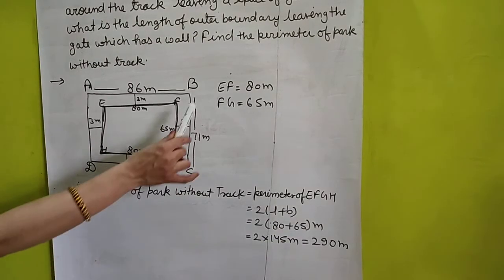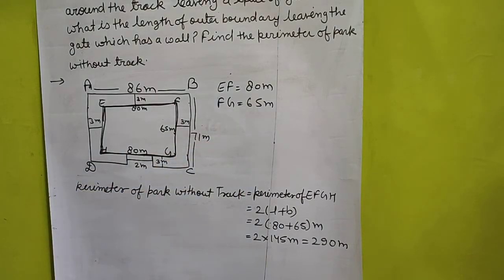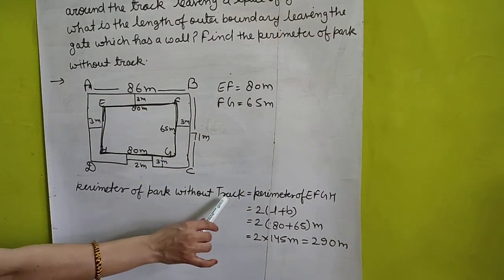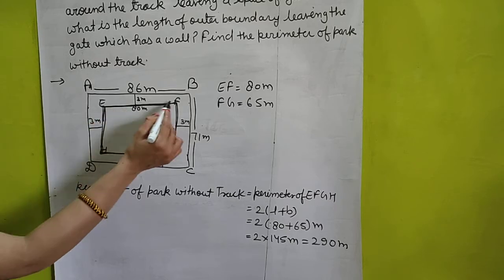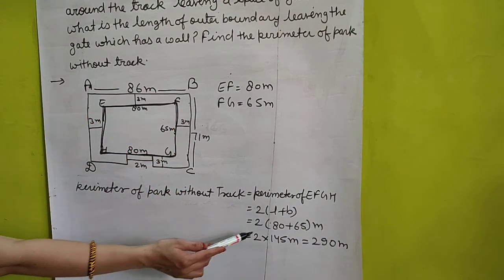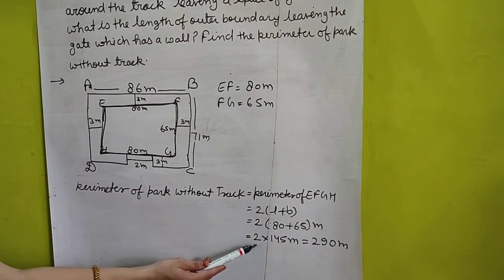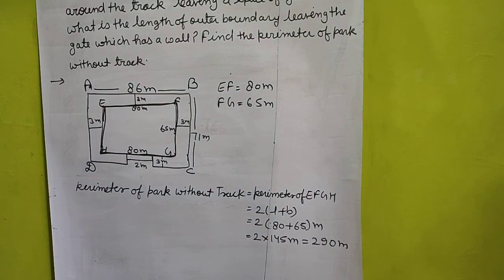The value of EF is equal to 80 meter and the value of FG is equal to 65 meter. So perimeter of park without track is equal to perimeter of EFGH. It will be 2 multiply length plus breadth, 2 times 80 plus 65. When you solve, students, you will get the answer 290.